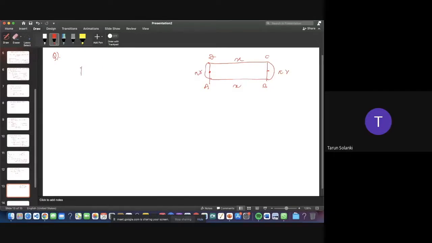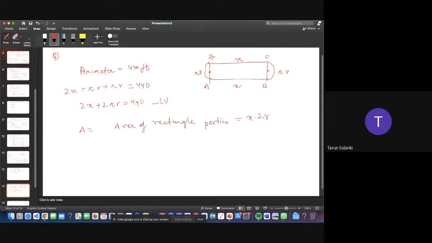Okay. So perimeter is equal to 440 feet. So 2x plus pi r plus pi r is equal to 440. So 2x plus 2 pi r is equal to 440, right? So A is the area of the rectangle portion, which is equal to x into 2r.